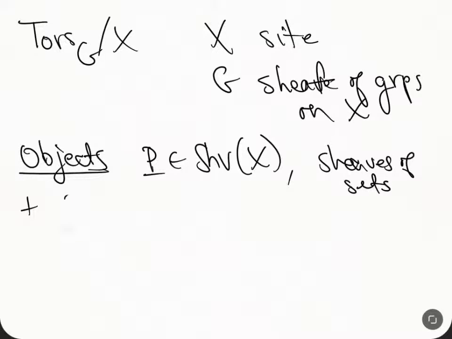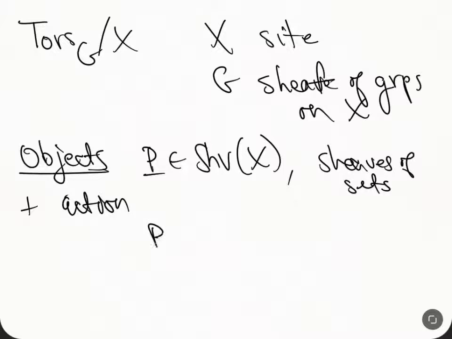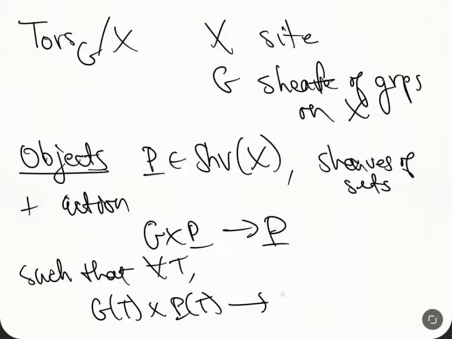Plus an action G cross P to P, such that for all T, G(T) cross P(T) to P(T) is full and faithful.